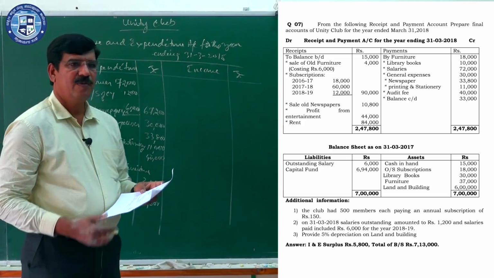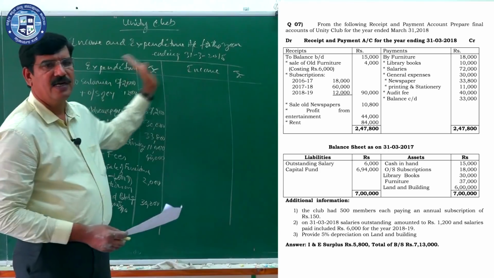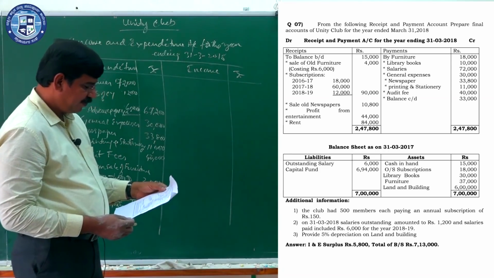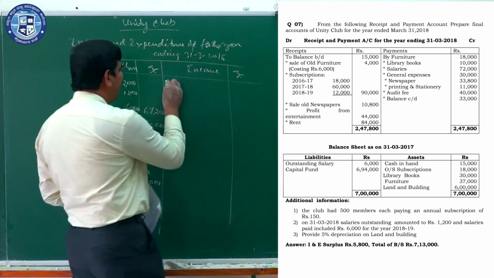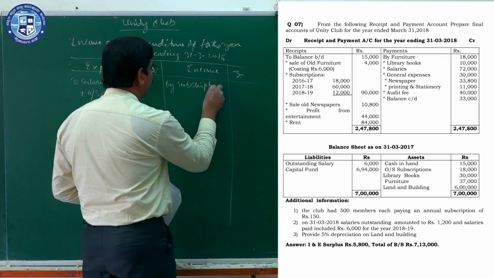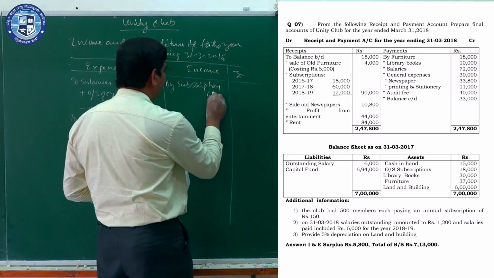So, in the recent payments account, you look at the receipt side, the left hand side, and those items will be entered on the credit side of income and expenditure account. The first item is sale of old sports material, that is over. Now, by subscription. The amount of subscription is 60,000 rupees.